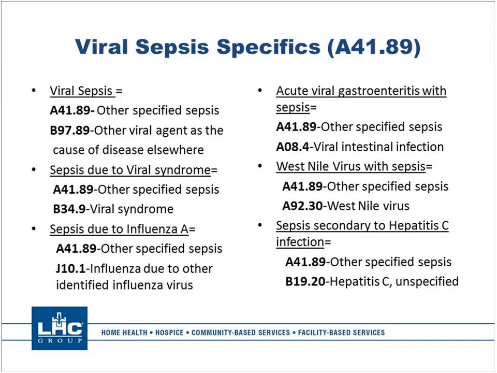If it's sepsis due to viral syndrome, which is, believe it or not, different, there's a code specific for viral syndrome. Sepsis due to influenza A, remember this is not novel A. Don't do that. If it's influenza A, it's influenza due to other identified influenza virus, not novel A. They have to say novel A.